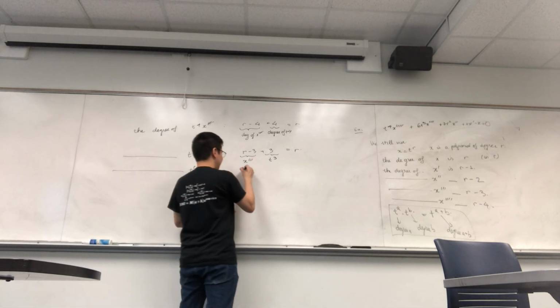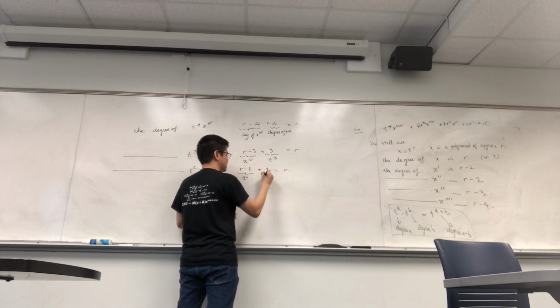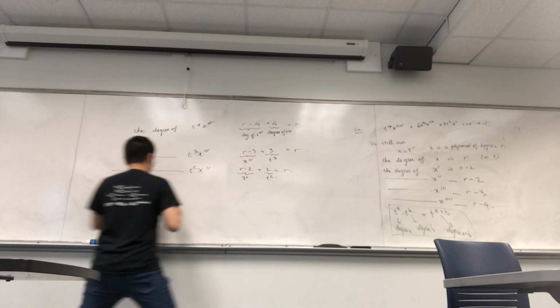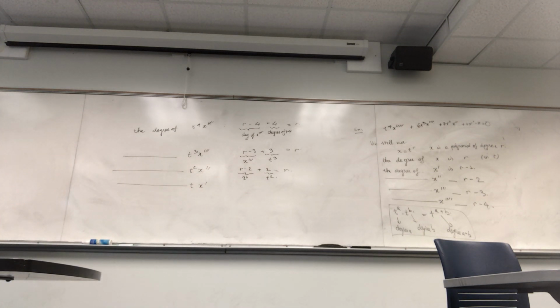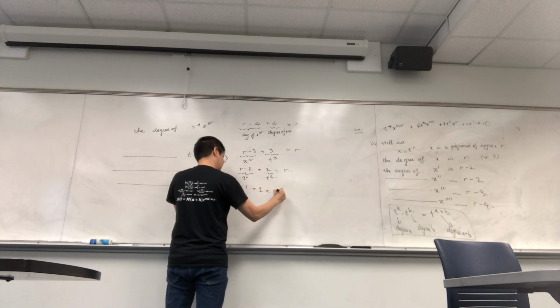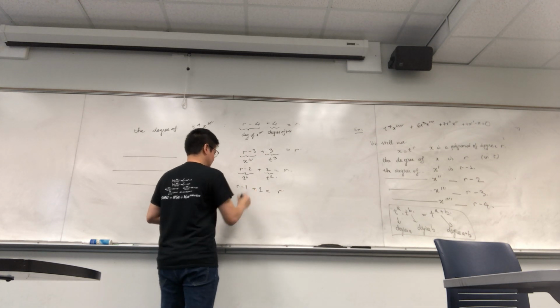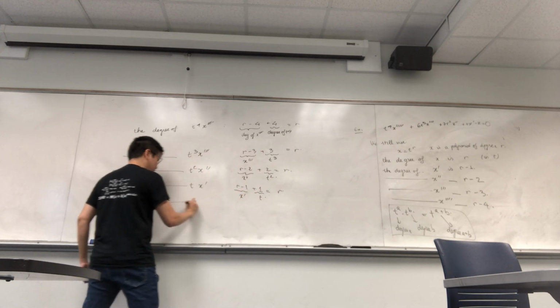So this is r minus 2 plus 2, which is r. What is the degree of t x prime? R again. So this is r minus 1 plus 1, which is r. This is x prime and this is t, and you know that the degree of x is also r.